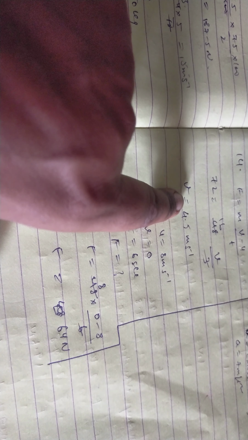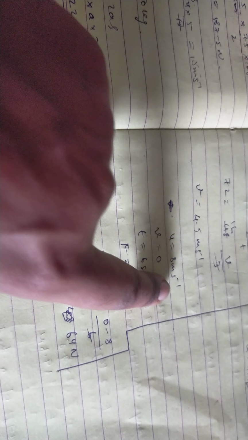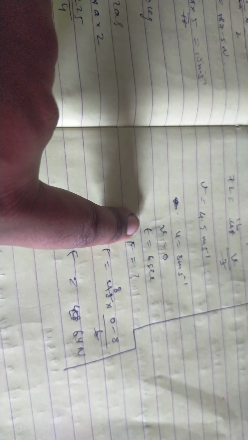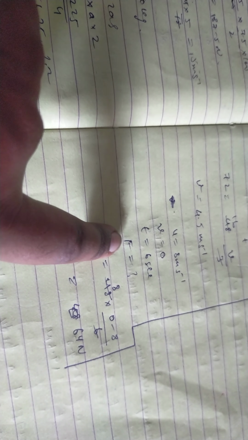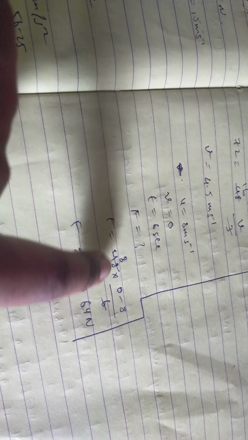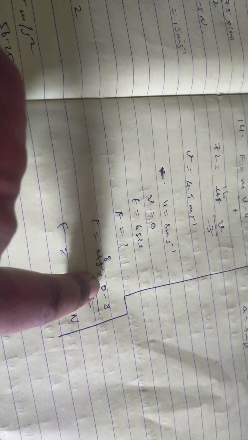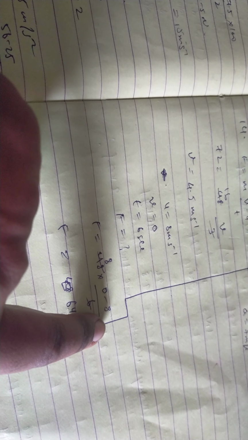In the previous answer we got v equals 4.5 meter per second. Now in the second case u is given as 8 meter per second, v is 0, time is 6 seconds, and we need to find the force. After substituting in the formula, F equals mass times (v minus u) by t, where v is 0 because it comes to rest and u is 8 meter per second.